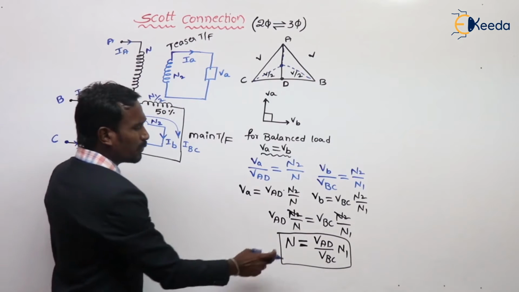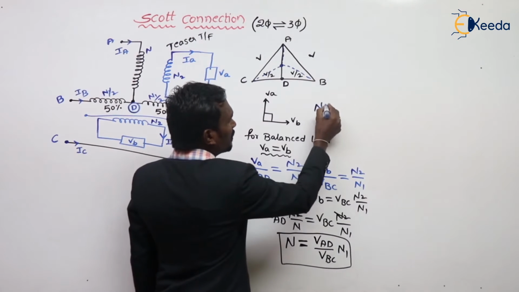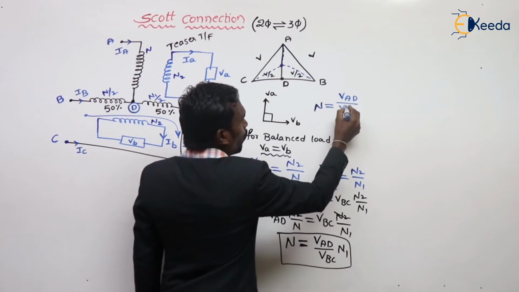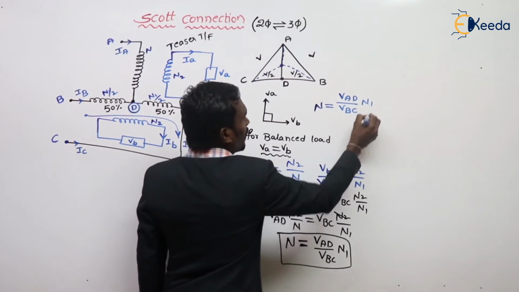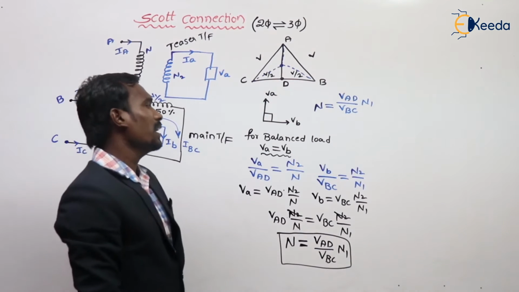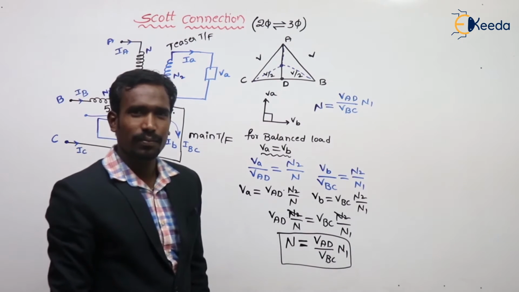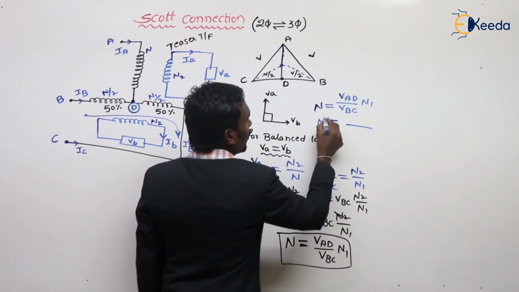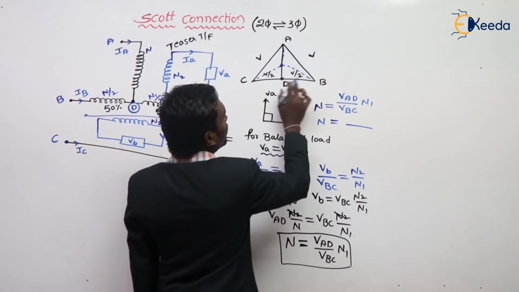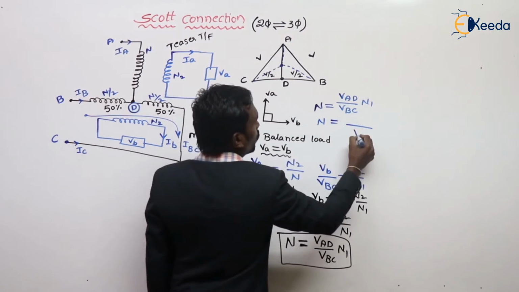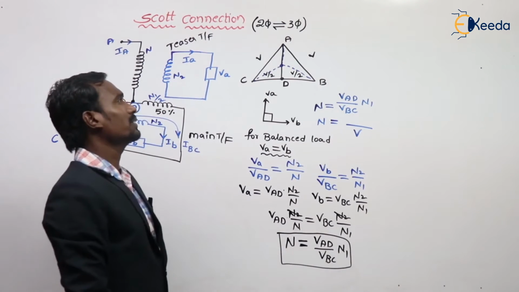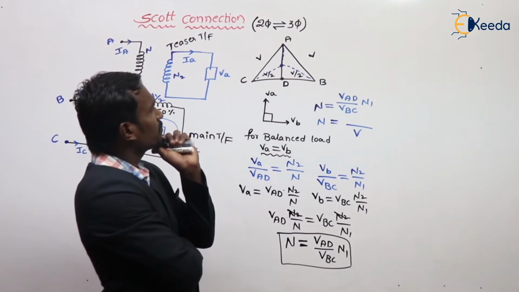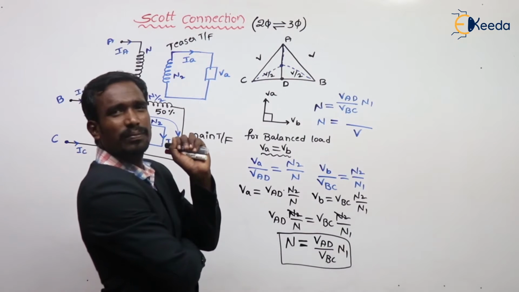What we want here is N equal to VAD by VBC of N1. Can you tell me what VBC is? VBC is equal to V by 2 plus V by 2, so VBC is equal to V. Can you tell me what VAD is?